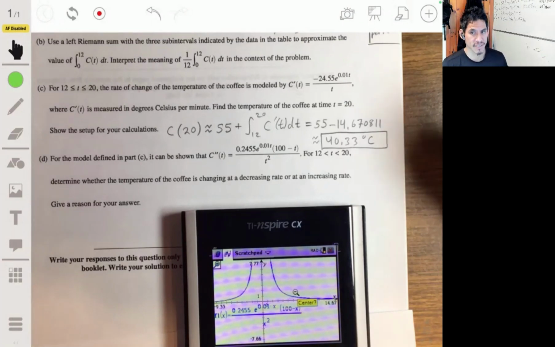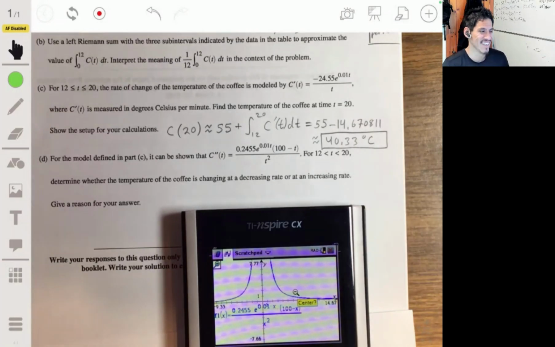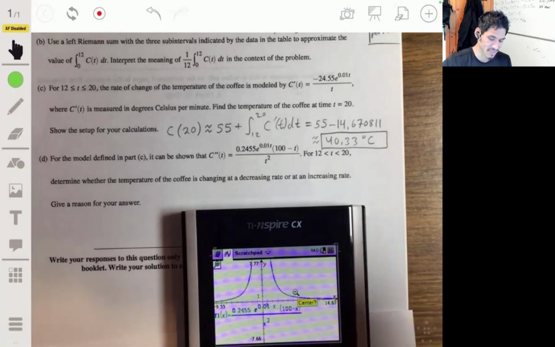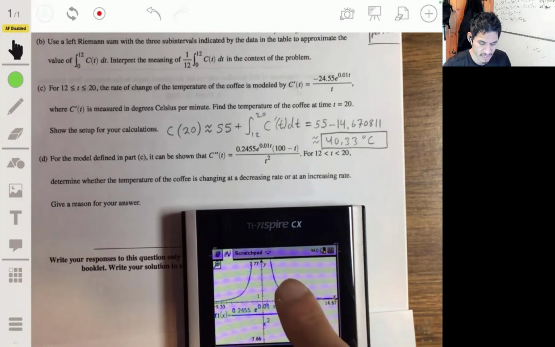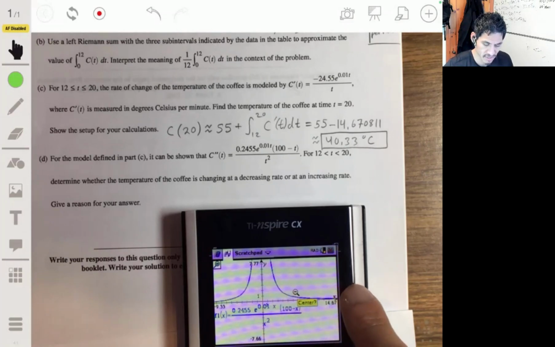The rate at which it's increasing is decreasing. It's very confusing. So it's always increasing, but it's increasing by a lesser amount. So maybe, for example, the first minute it's increasing by 1 degree per minute. Then the next minute it's increasing by half a degree per minute. It's still always increasing, but it's increasing at a decreasing rate.